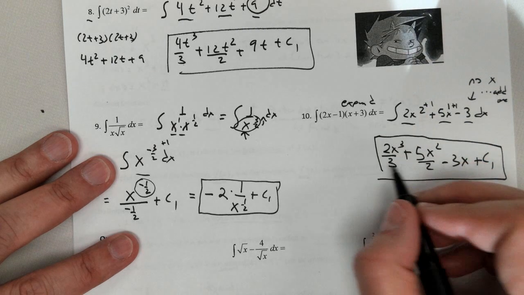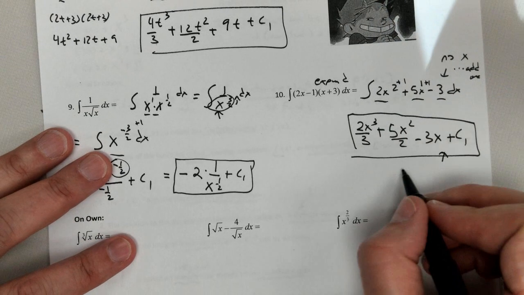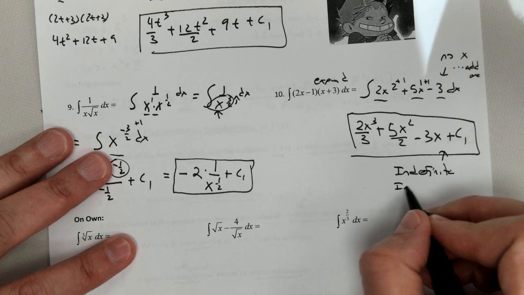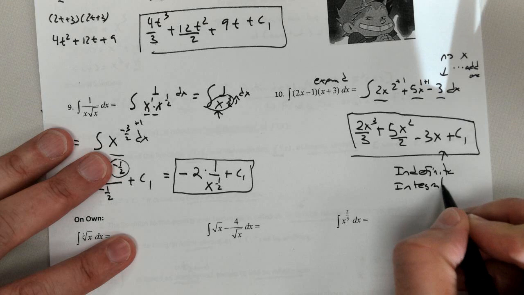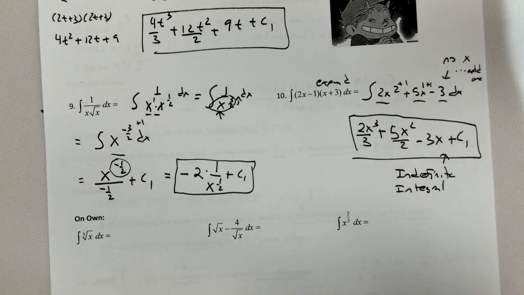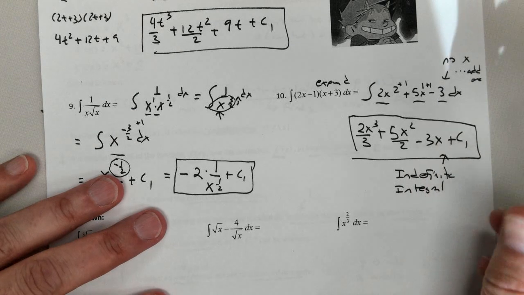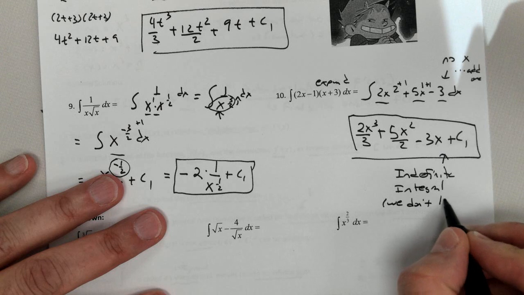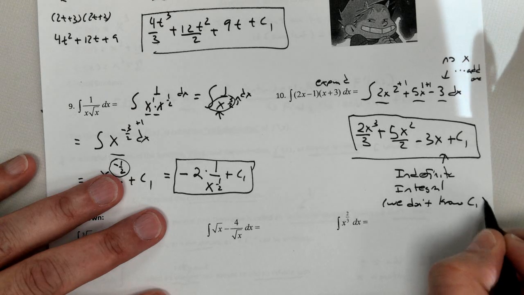Now, remember, we have a special name for these. This is called an indefinite integral. You might remember from earlier, we talked about definite integrals last unit, where we can use a definite integral to find area. This is an indefinite integral because we don't know c. We don't know c1.